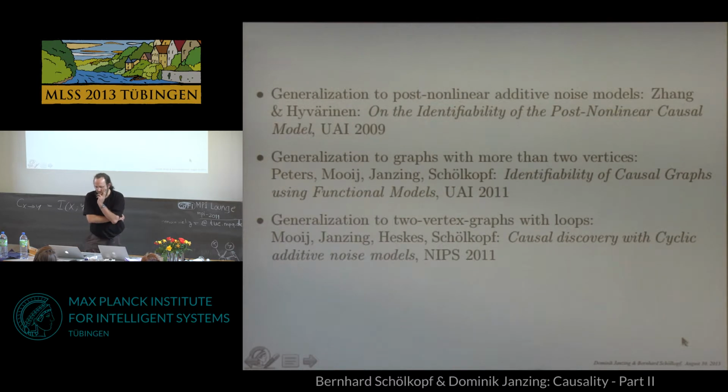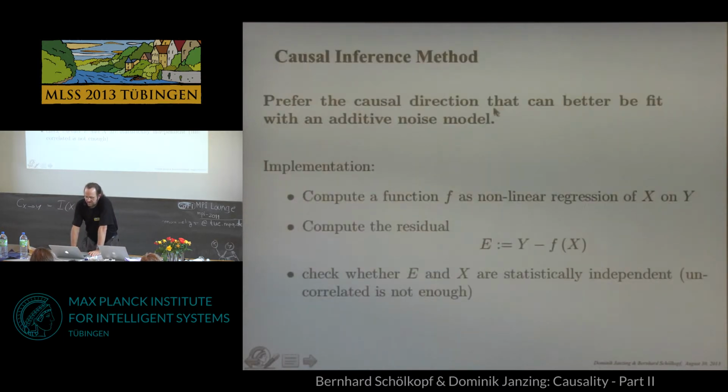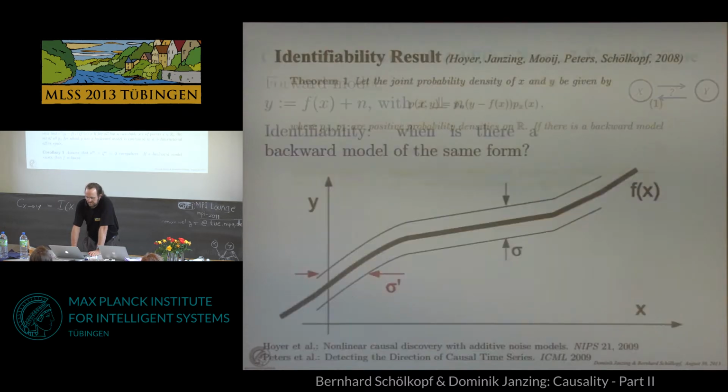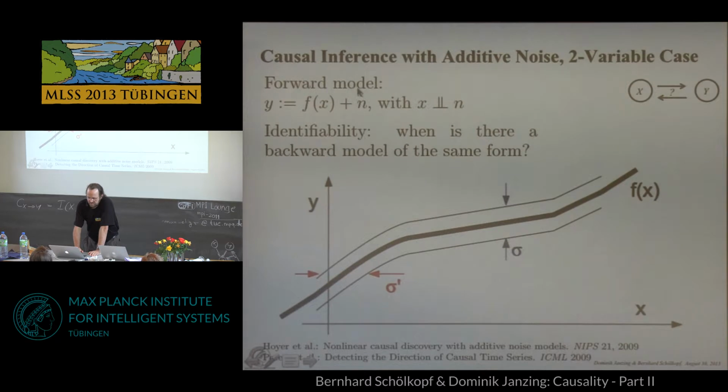And just briefly, there are a number of generalizations. One can include a post-nonlinearity, which means one can have a nonlinear function around here, or equivalently over here, which makes sense because a fixed function doesn't change dependence properties.